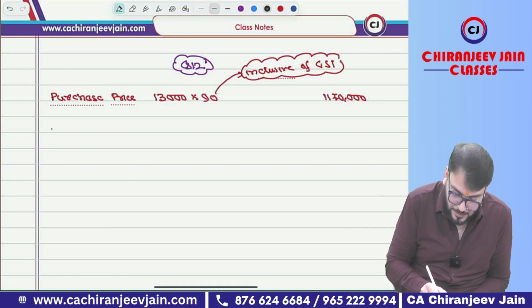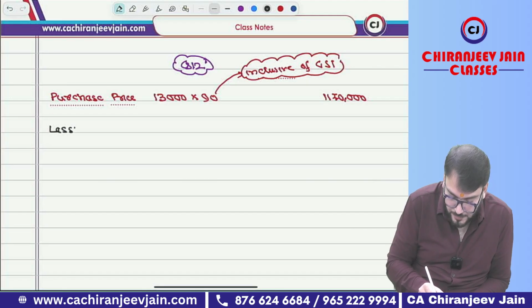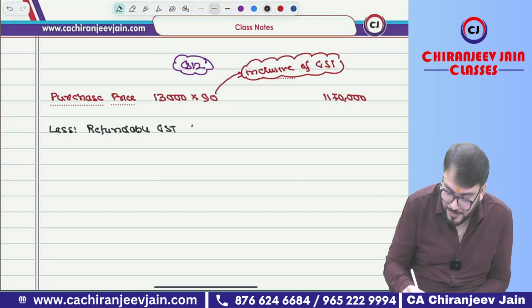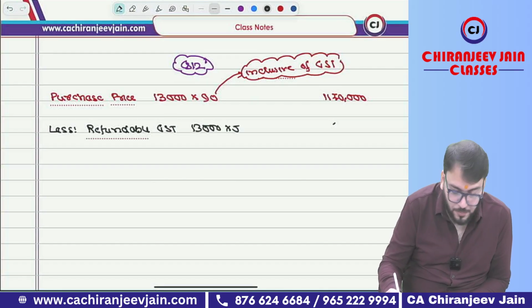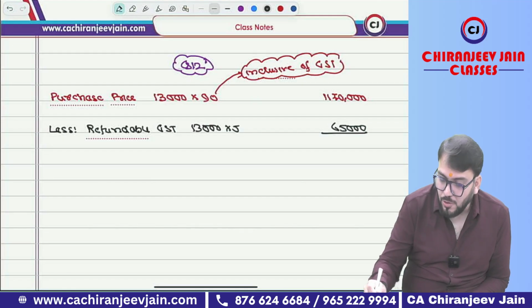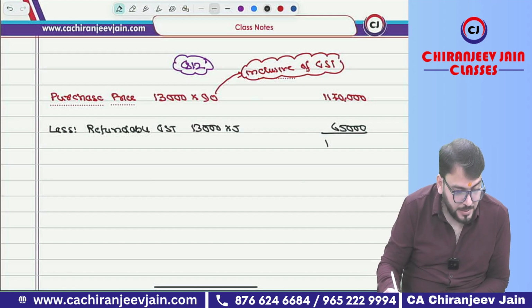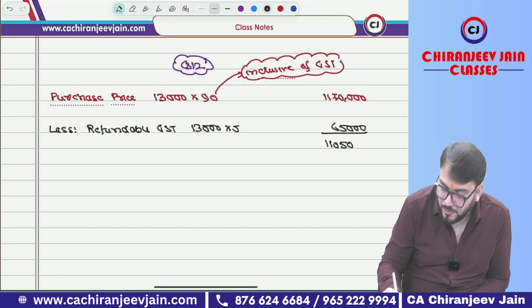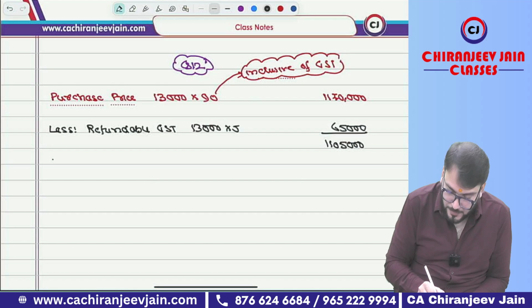So we will less the refundable GST. Correct? That is 13,000 into 5, that is how much? 65,000. So actually your purchase price is 11,05,000.